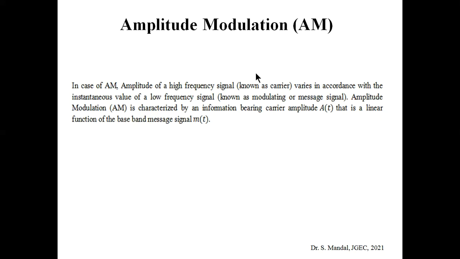That means here the amplitude of the carrier is not constant, it is varied. It is given by a function A(t), and that should be a linear function of the baseband message signal m(t). So in amplitude modulation, AM is characterized by an information bearing carrier amplitude.